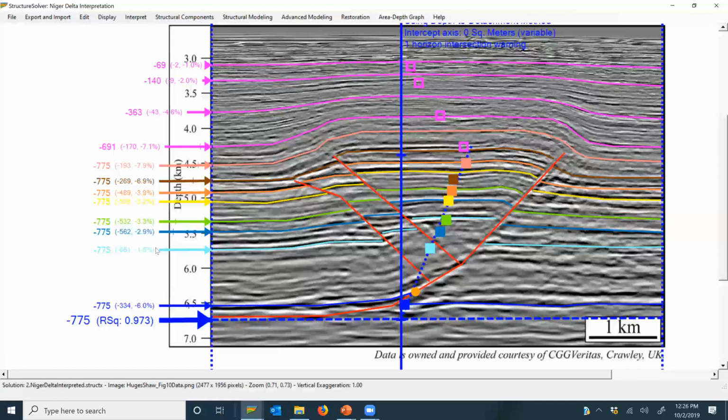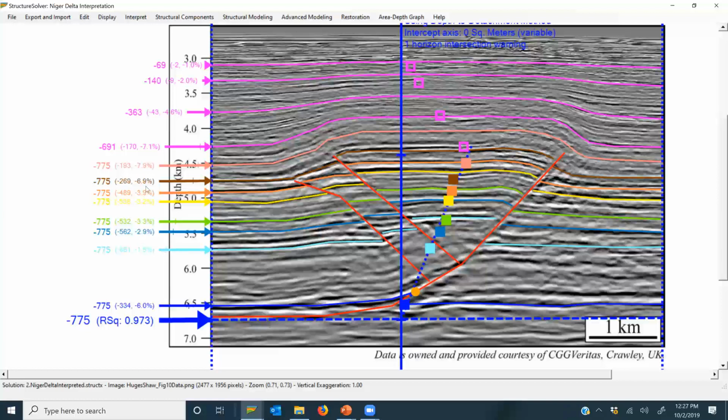Again, this is similar to the Argentina case in that we also have an array of layer parallel strains reported. For the cyan horizon, there's only about 1.5% shortening, so negative 1.5% layer parallel strain. And you can see that the displacement from the fold area is almost the same as the displacement from a constant bed length computation.